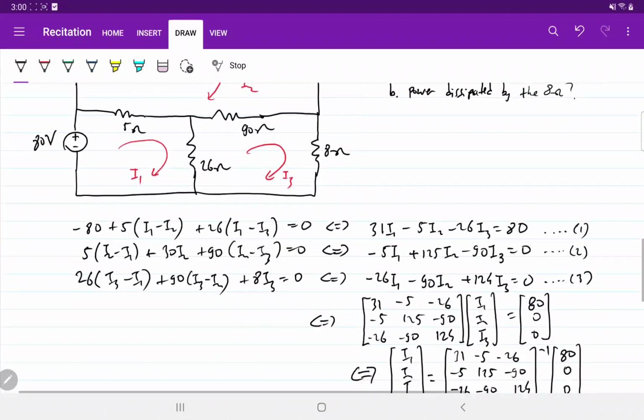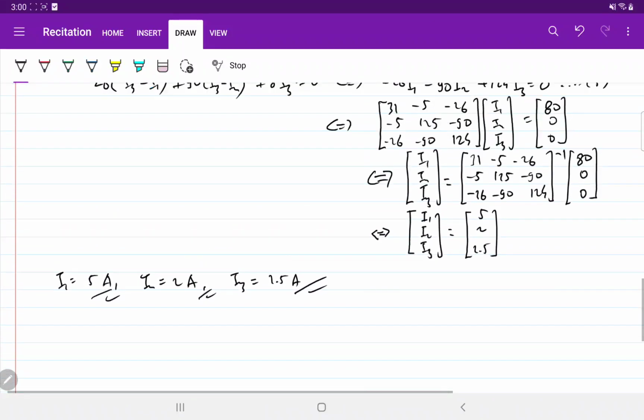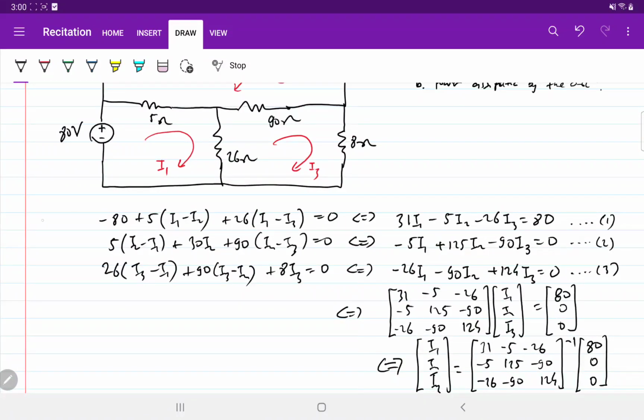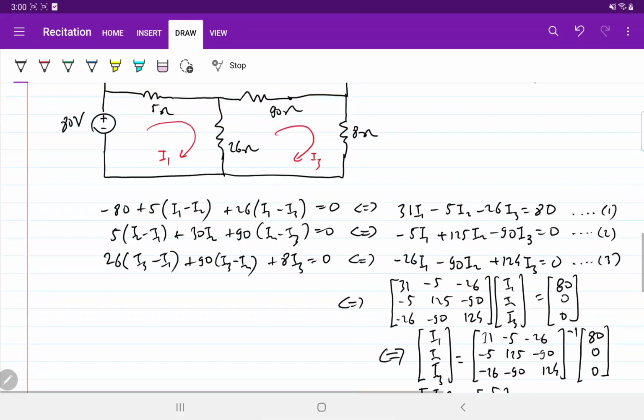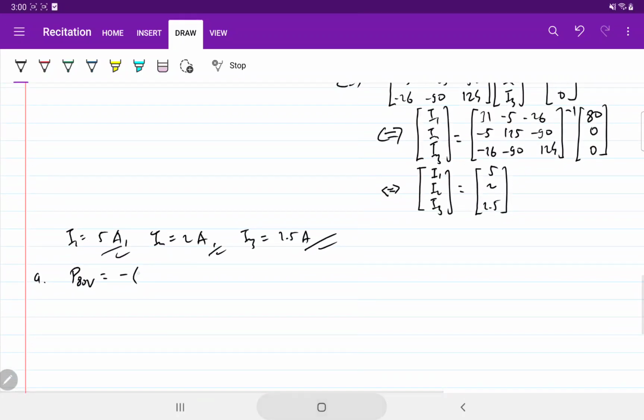P is minus Vi. So this is A. P at 80 volt is minus 80 volt times I1, 5, right?